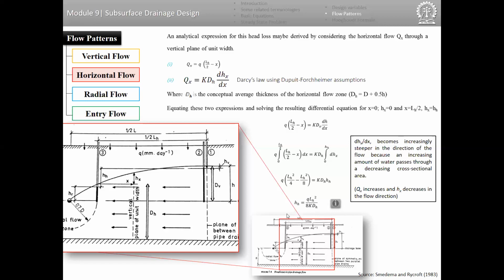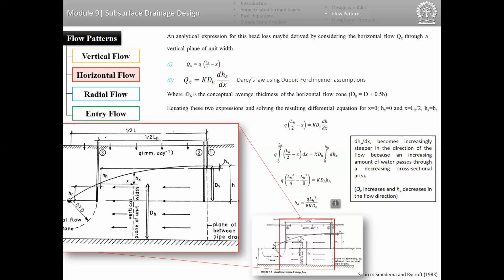HS is your horizontal flow zone, and LH is your length of horizontal flow. Interestingly, you can see that dhx by dx becomes increasingly steeper as we go towards the drain side.